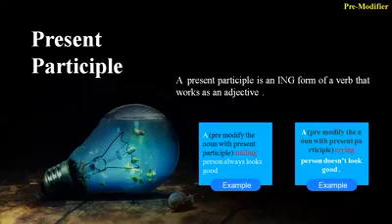Second one, present participle as a pre-modifier. A present participle is an ing form of a verb that works as an adjective. It means verb plus ing form. Example: a smiling person always looks good.